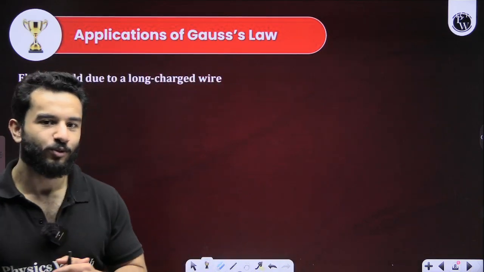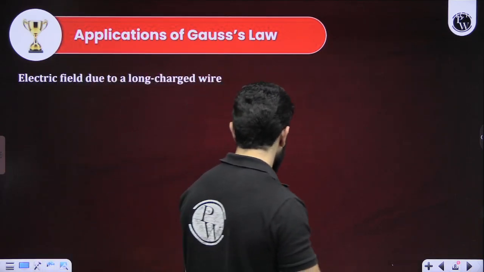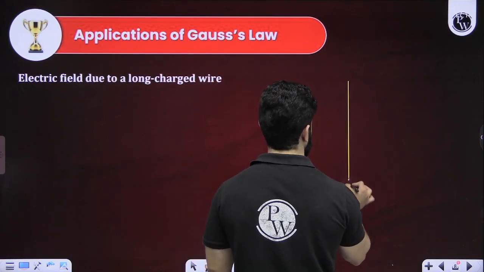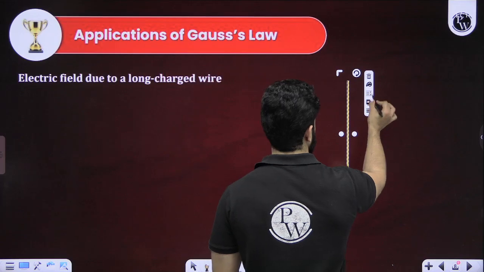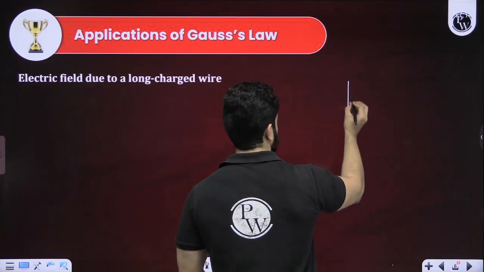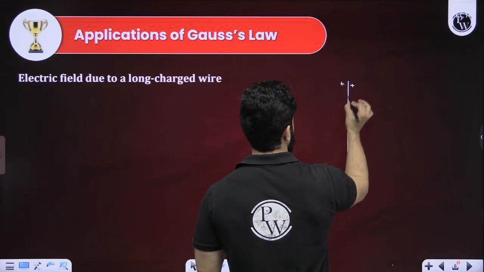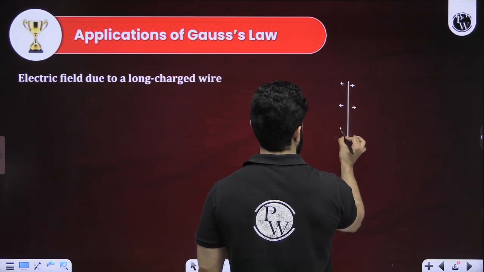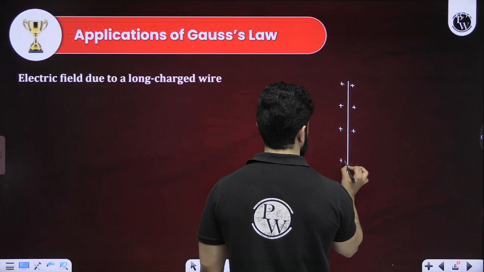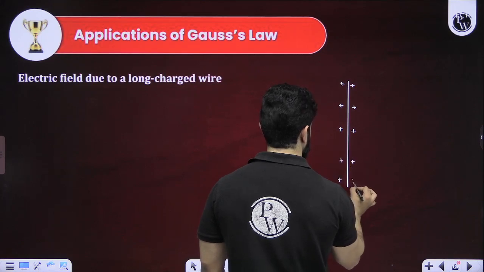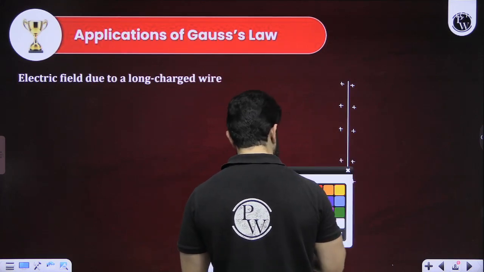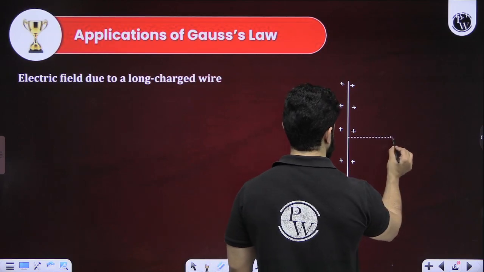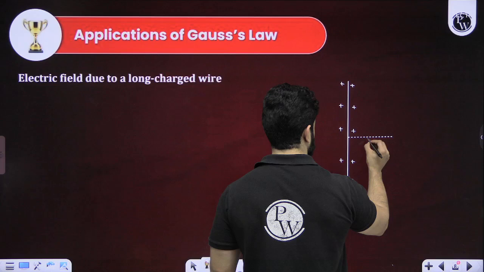We could use the integration, but right now what we'll do is, let's suppose that you have got a line charge, something like this, and you have got charges over it uniformly distributed, and we want to calculate electric field at a certain distance, let's say at a distance of r from it.